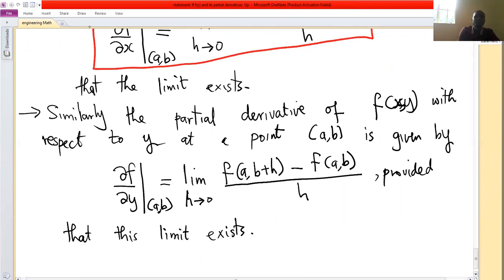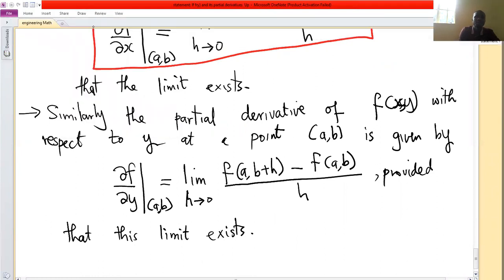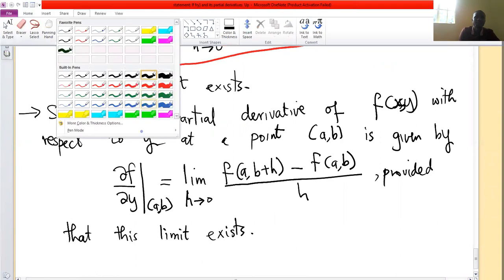So this is the definition of the partial derivative of a function f of x, y at a specific point (a, b).